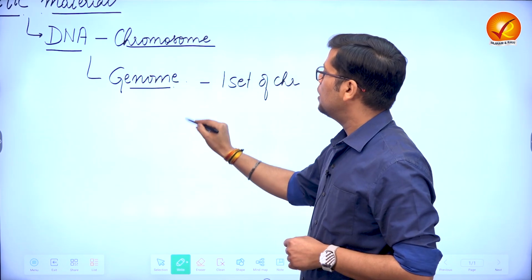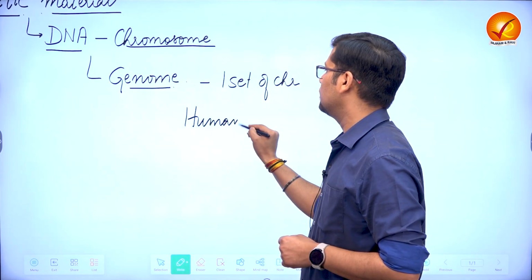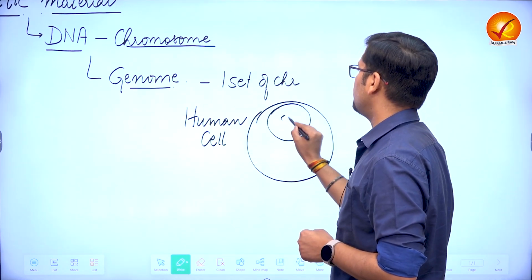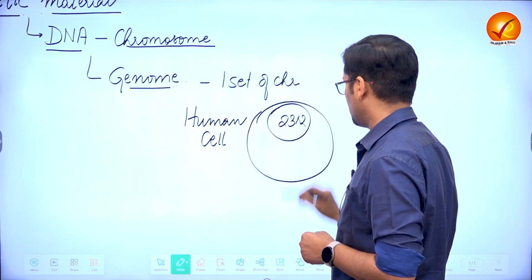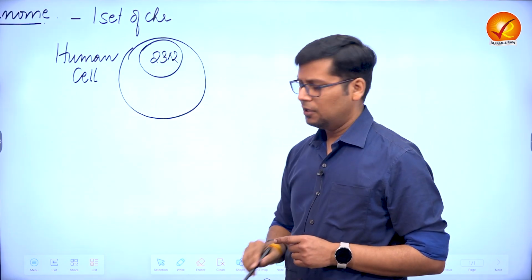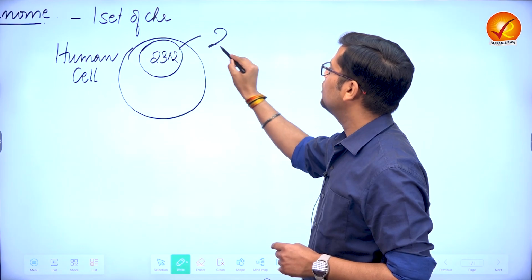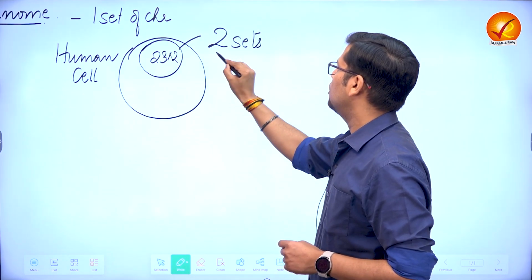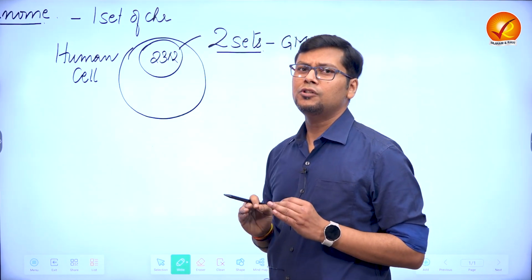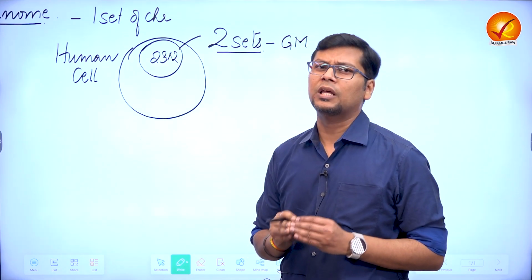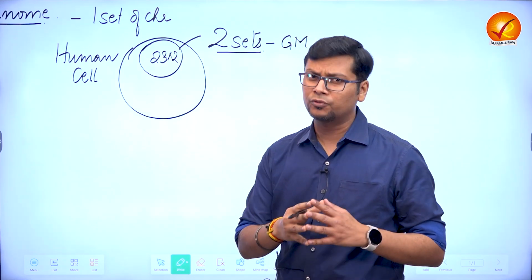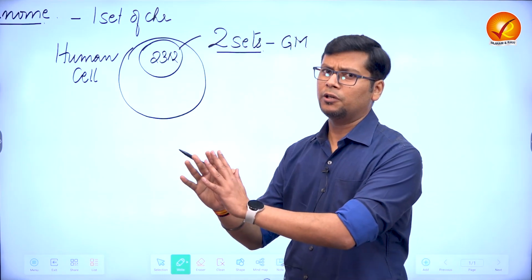When you know that a human cell in its nucleus has 23 pairs of chromosomes, meaning every chromosome with a double copy, you understand that two genome sets are present in every human cell, except for the gamete cells called the sperm in males and ovum in females. We will not enter into that for the moment.